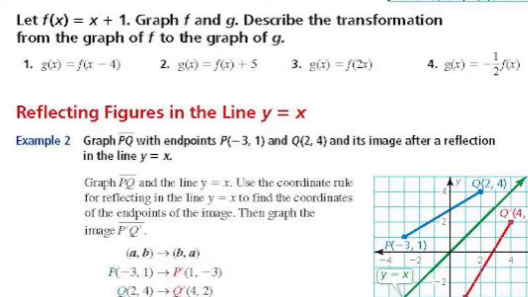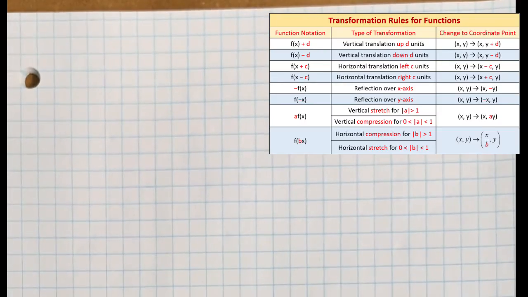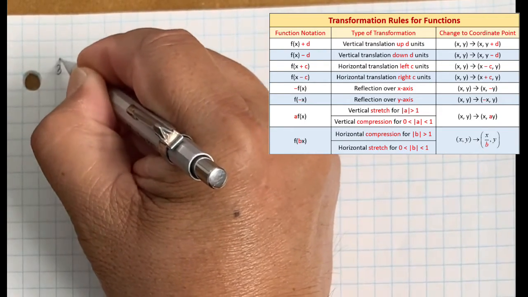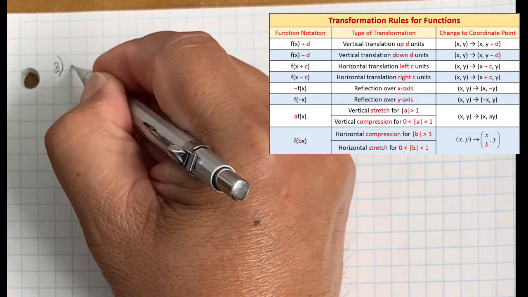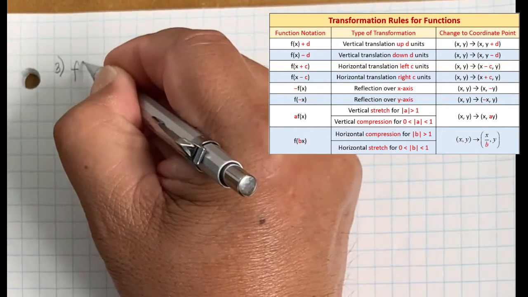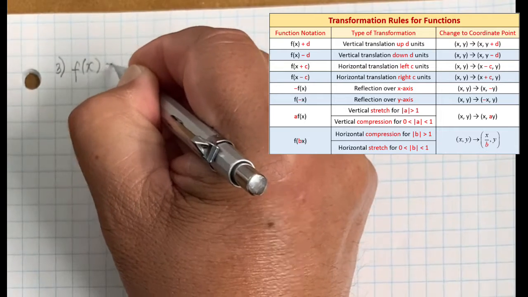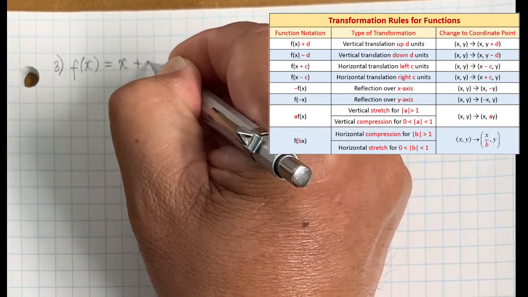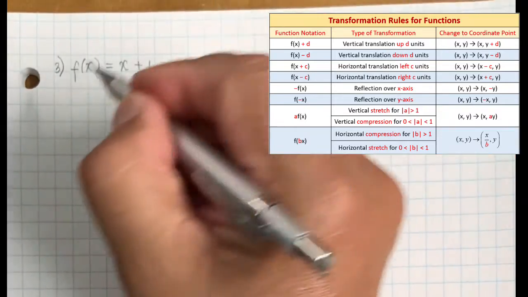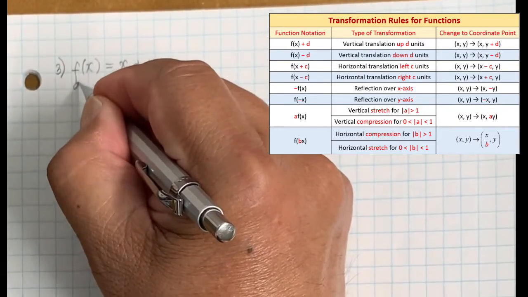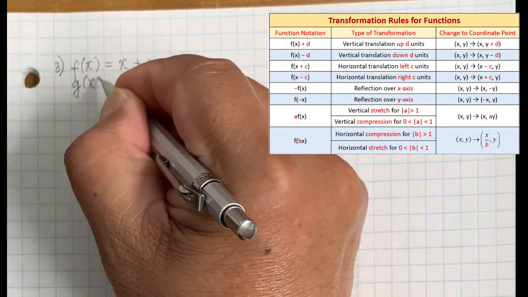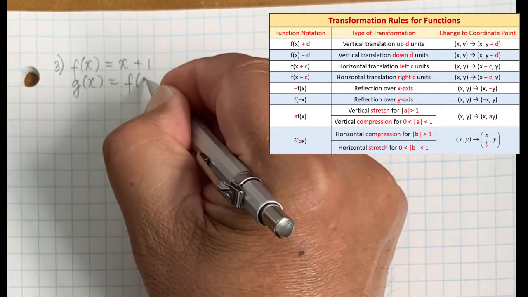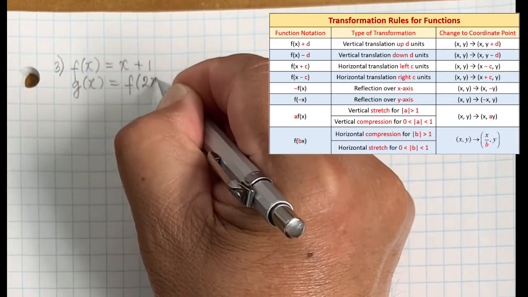Problem 3. Okay, number 3. So again, we're given f of x equals x plus 1, right? And g of x equals f of 2x.